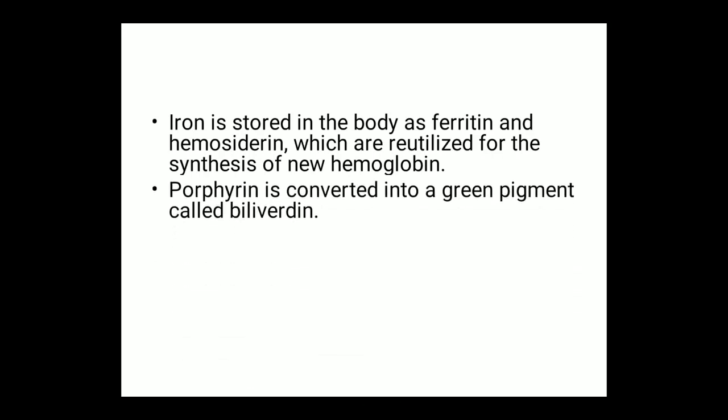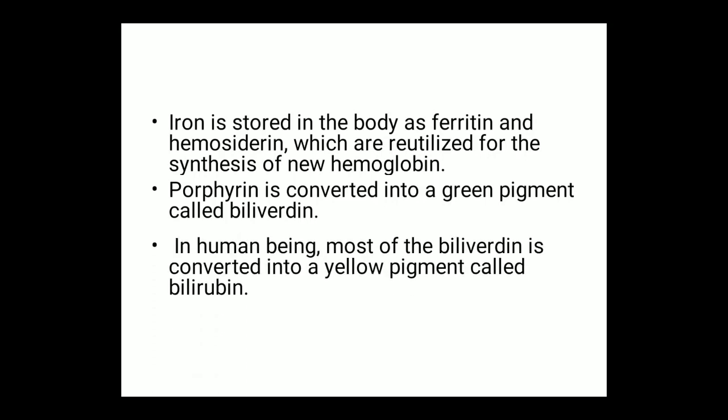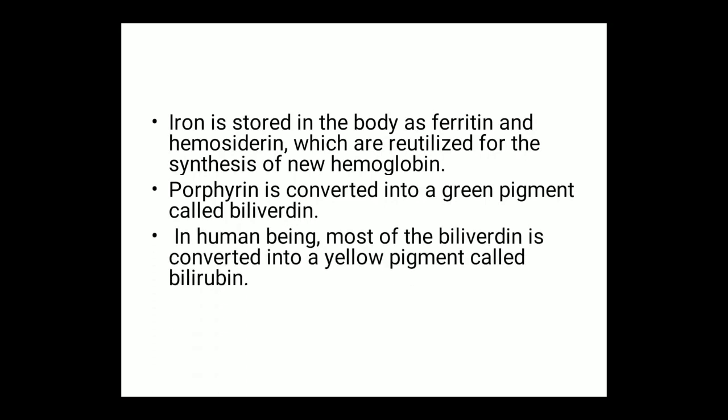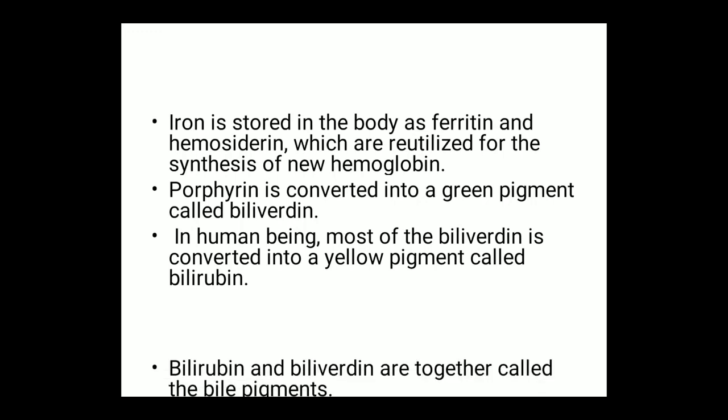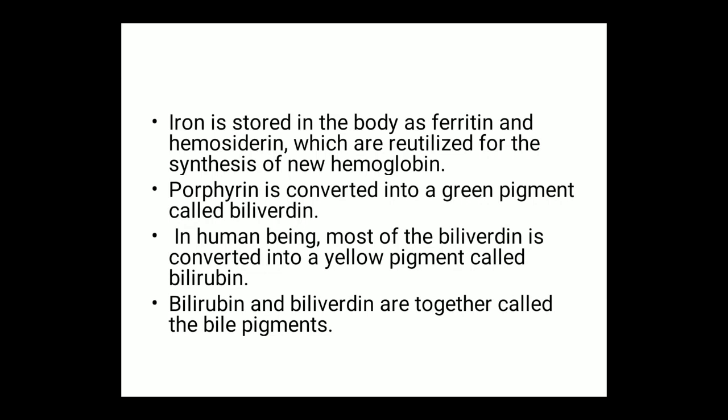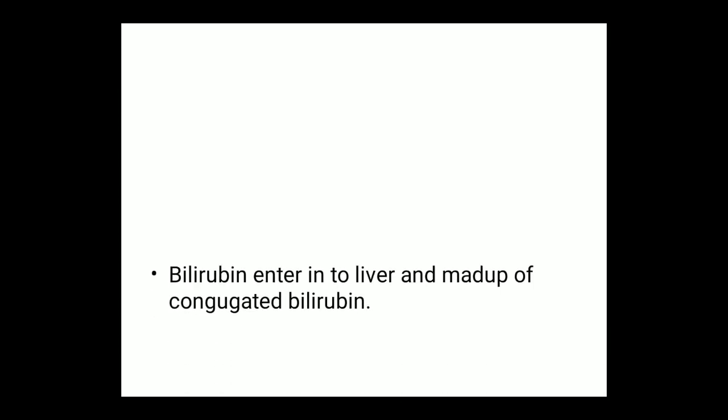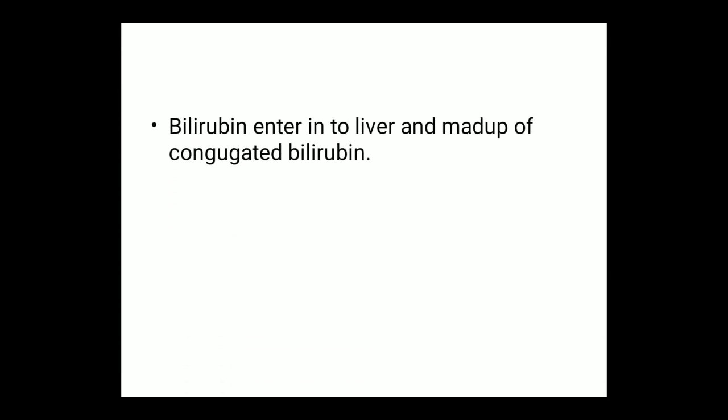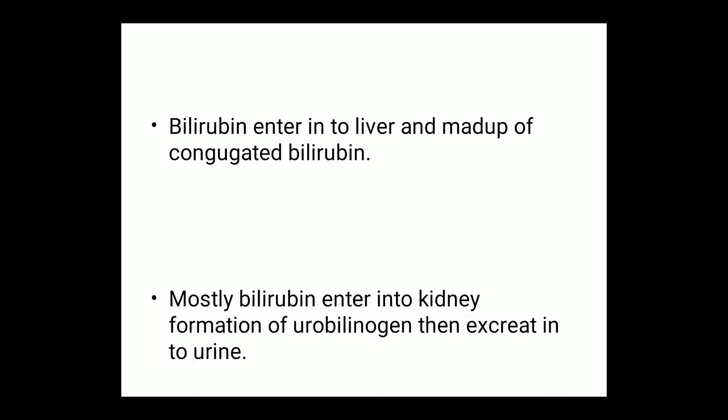Porphyrin is converted into the green pigment called biliverdin. In human beings, most of the biliverdin is converted into the yellow pigment called bilirubin. Bilirubin and biliverdin are together called the bile pigments. Bilirubin enters the liver and is made into conjugated bilirubin.